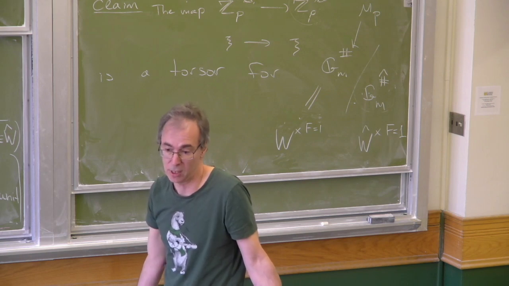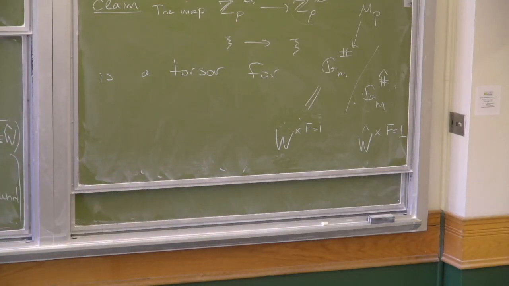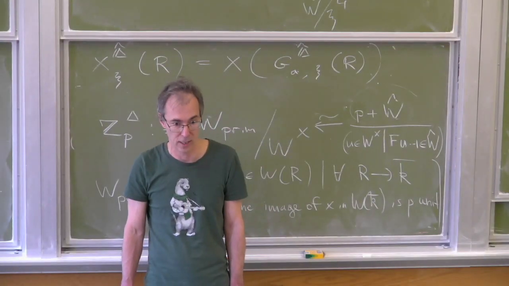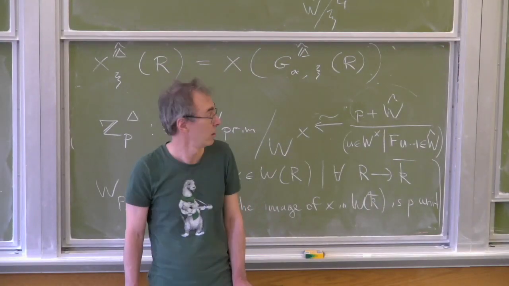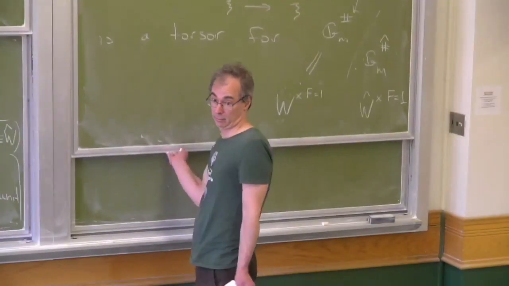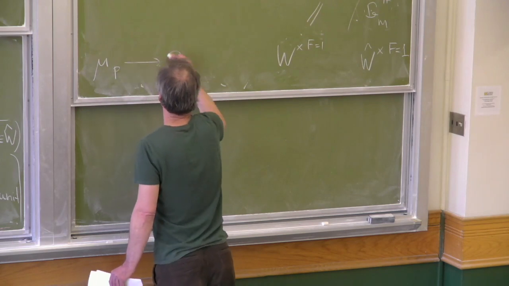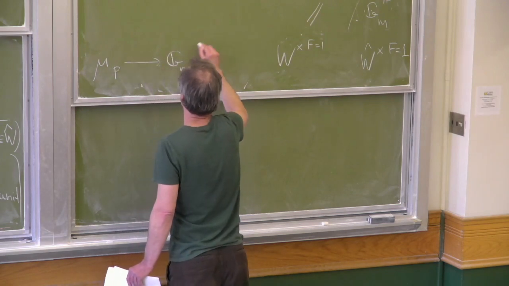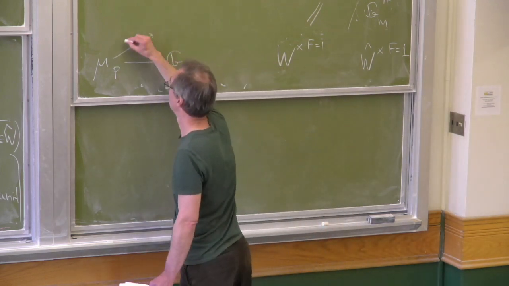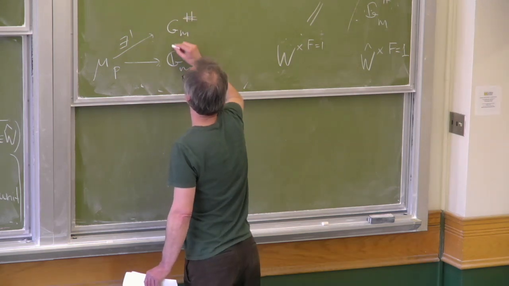Coordinate rings are p-torsion free. So mu_p is contained in G_m, and you have a map to G_m sharp.